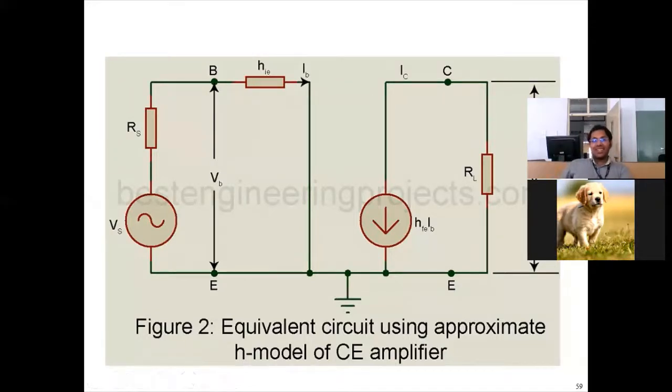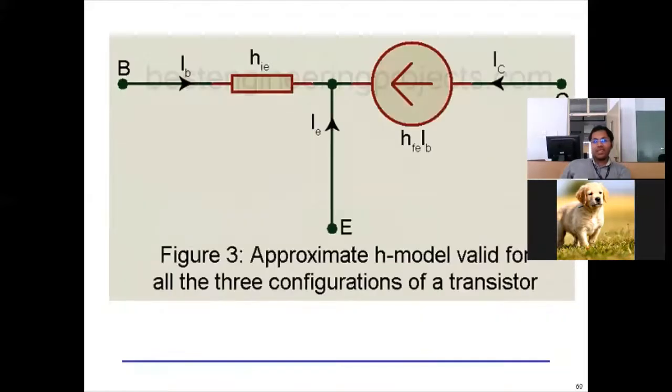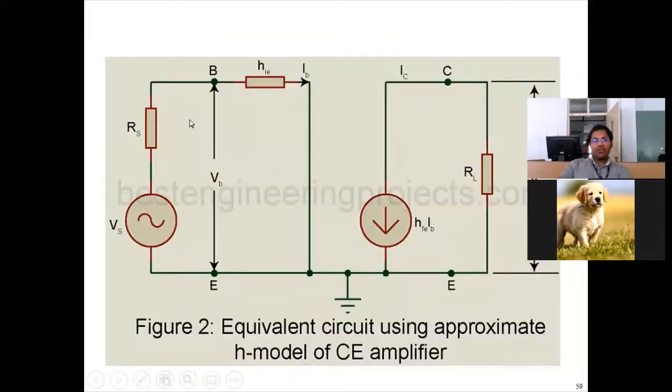Now let us generalize this. See, I have base, emitter, collector. From base to emitter, I have HIE.